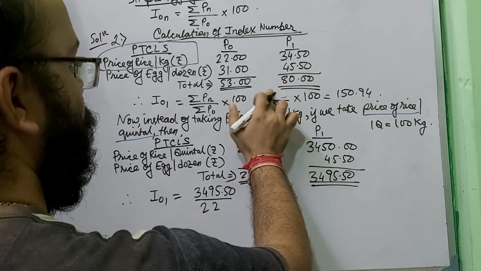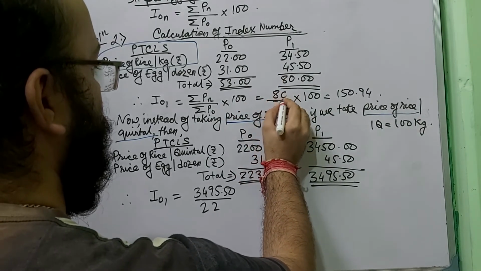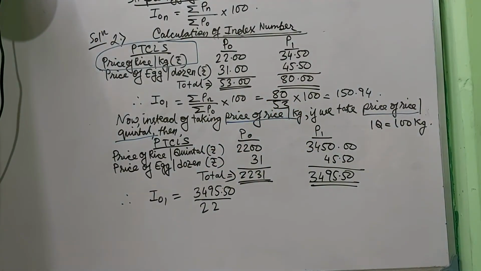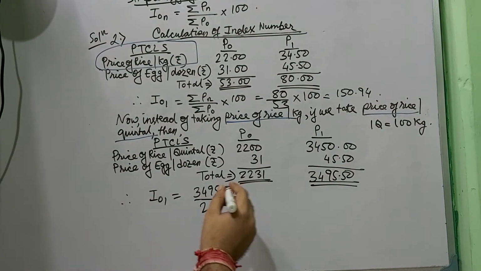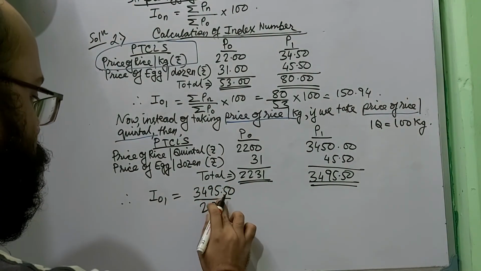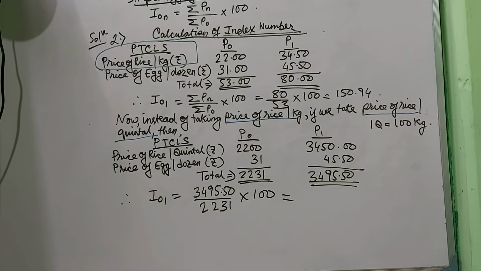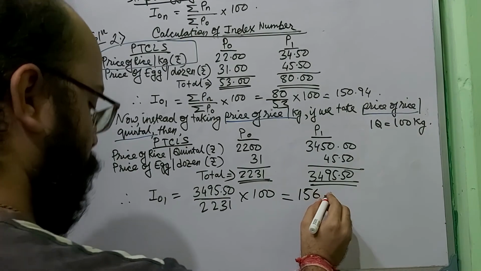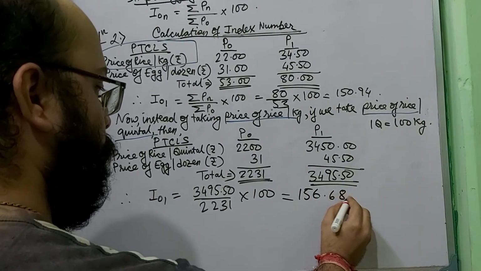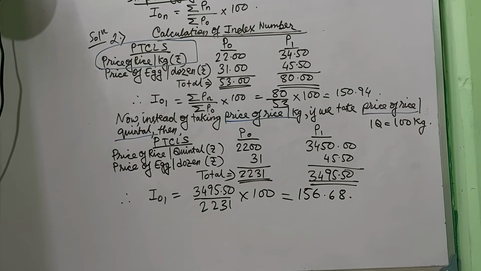Yes, I made a mistake in the previous one also: the totals are 80 and 53, I wrote it incorrectly. Just calculate this: 156.68.